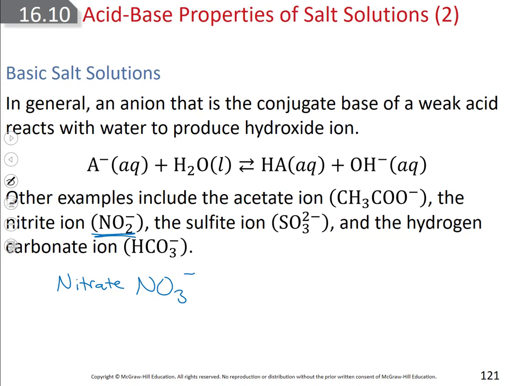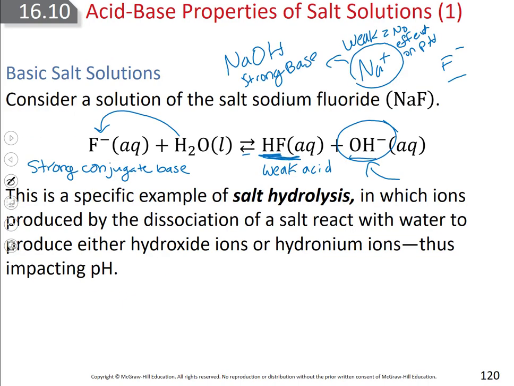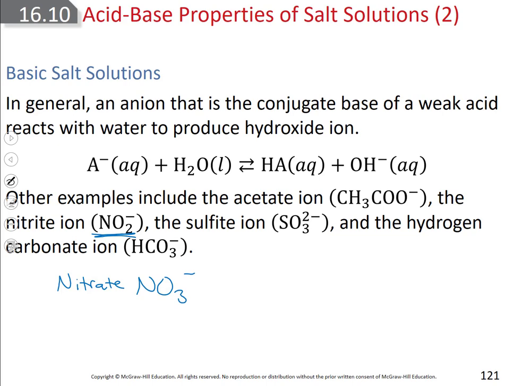No, it goes back to this rule we just talked about here. Strong and weak, weak and strong. Nitrite is the conjugate base of what acid? How do I make this into an acid? Add an H. HNO2 versus how do I make this one into an acid?